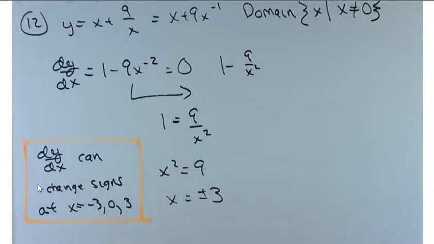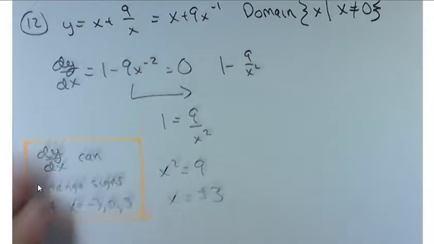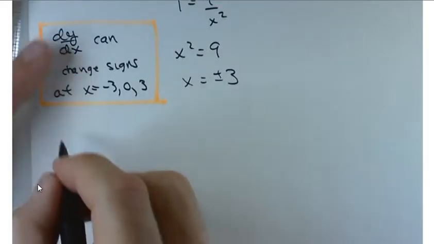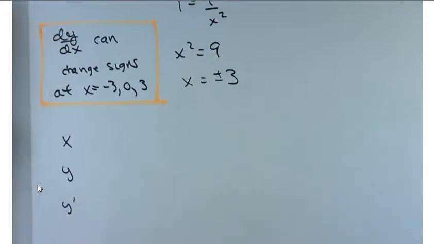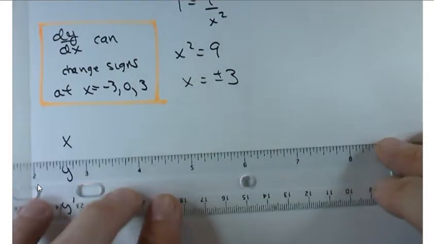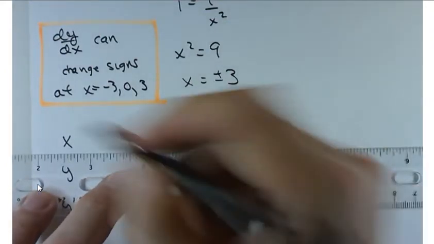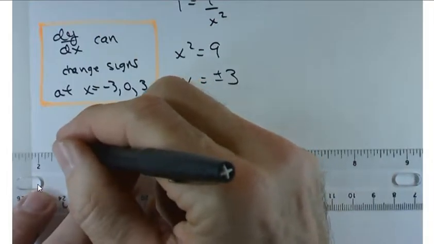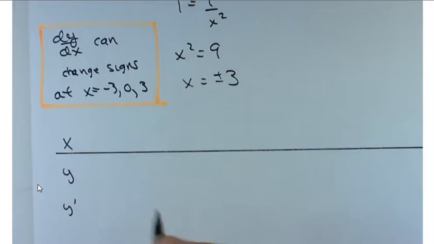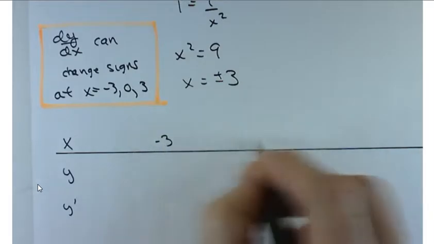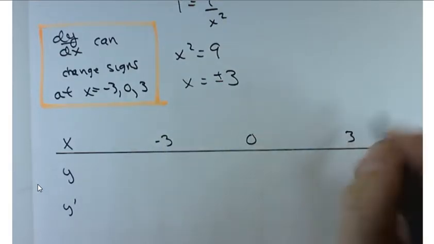So let's write ourselves a little table. So x, y, and y prime. I said little table. I'm going to give myself actually a generous amount of room here. Let's test those 3 points. So negative 3, 0, and 3.